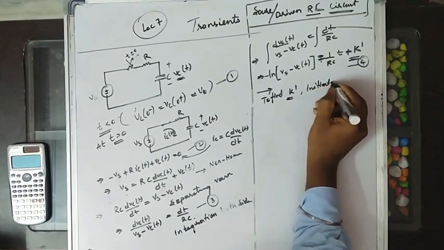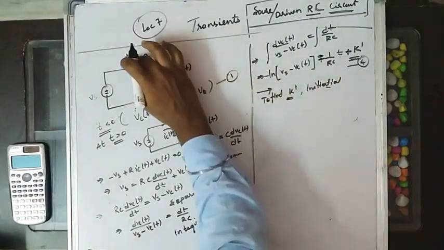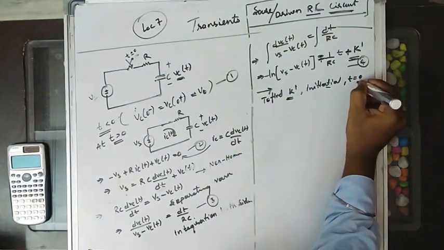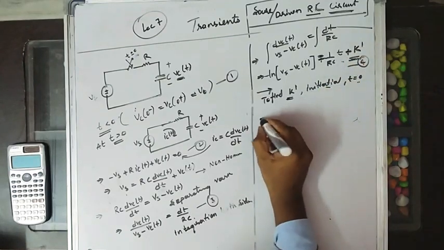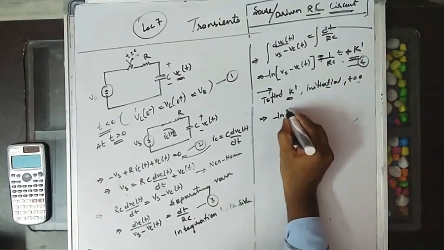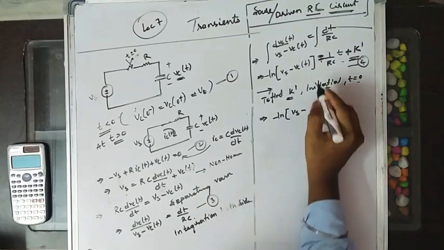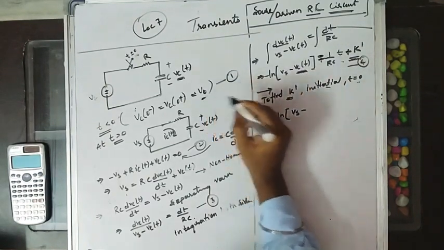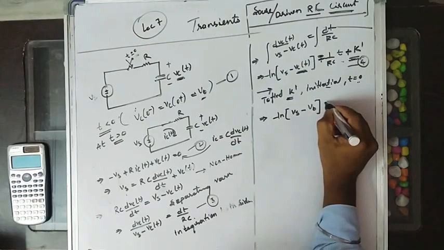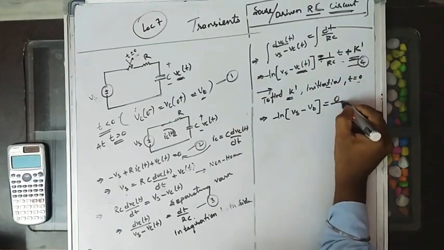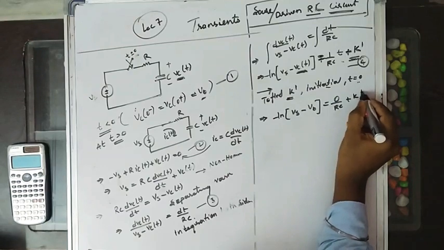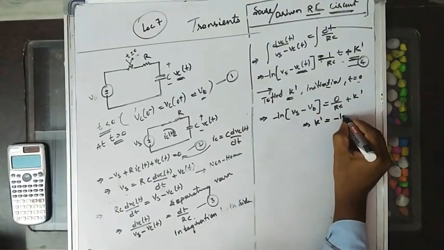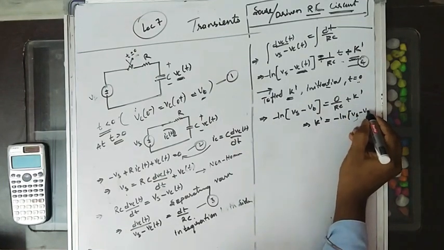The switch is not operated at time t equal to 0. Substitute t equal to 0 in this equation: we get minus Ln of Vs minus Vc at time t equal to 0, where the voltage across the capacitor is V0. Substituting that, at time t equals 0 we get k dash equal to minus Ln of Vs minus V0.